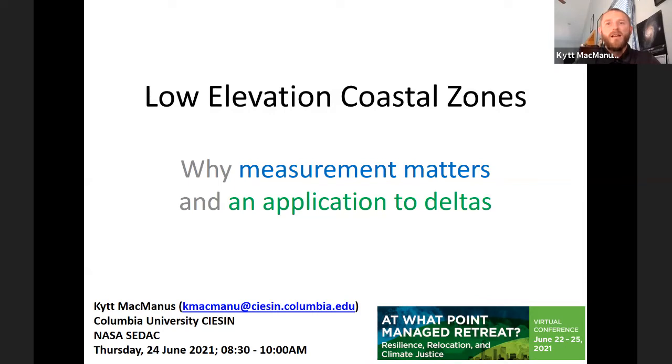And then I'm going to take a look specifically at an application of these data to deltaic regions. I get the honor of presenting on two topics here, because unfortunately some of my colleagues who were meant to present on the deltaic information weren't able to make it today. So bear with me for a few more slides than you might expect, as I'll cover both of these topics now.